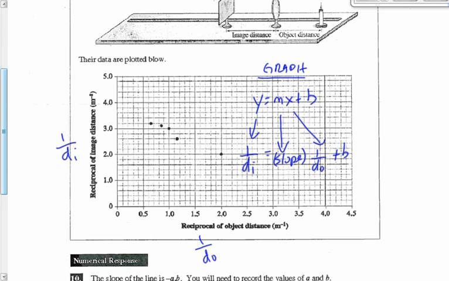So we'll just put it in now. What equation from our data sheet has 1 over di and 1 over do in it? You guys know this? Come on. Yeah, 1 over f. 1 over f is equal to 1 over do plus 1 over di.